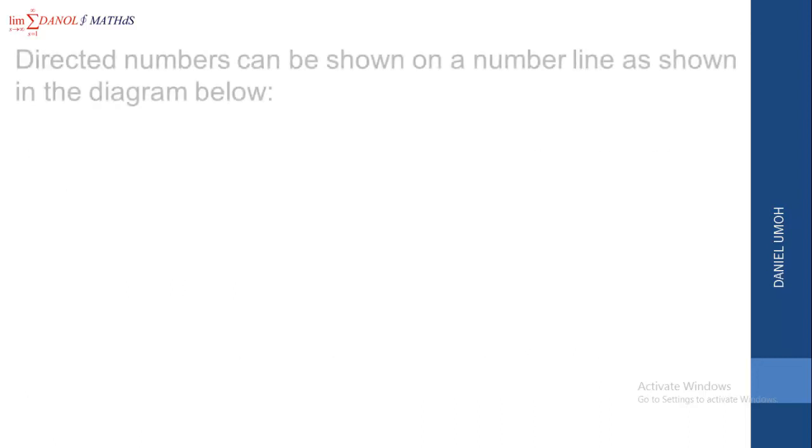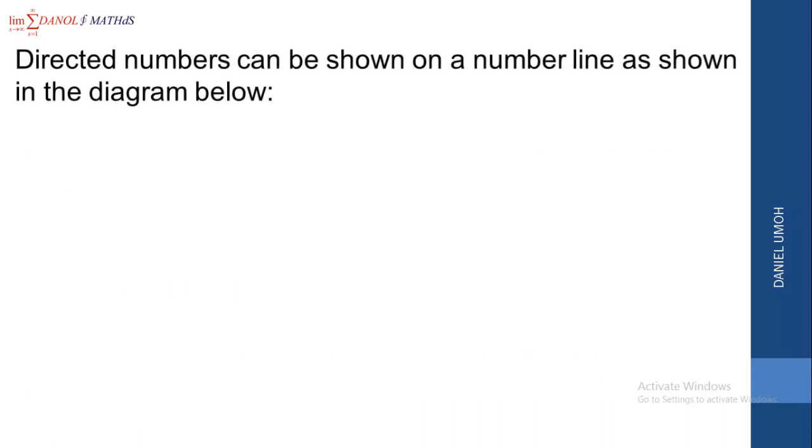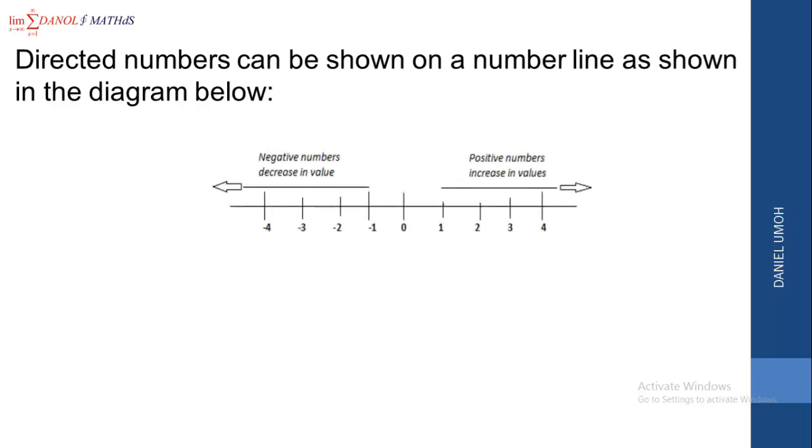Okay, now these directed numbers are usually shown on a number line, and this is how it looks. So this is a number line. A number line shows directed numbers. Now we have the 0 point. From the 0 to the right-hand side are positive numbers, and these positive numbers are usually increasing in value.